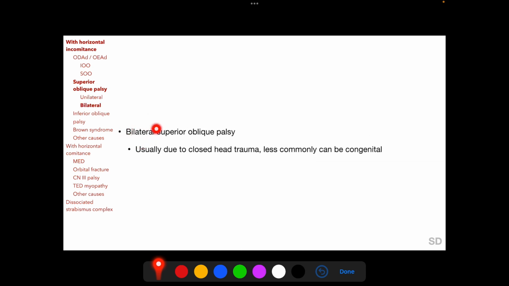Bilateral superior oblique palsy is usually due to a closed head trauma, and less commonly bilateral superior oblique palsy can be congenital in origin. Bilateral superior oblique palsy can be asymmetric in nature, and in any patient presenting with unilateral superior oblique palsy, we need to exclude palsy of the superior oblique muscle of the contralateral eye.